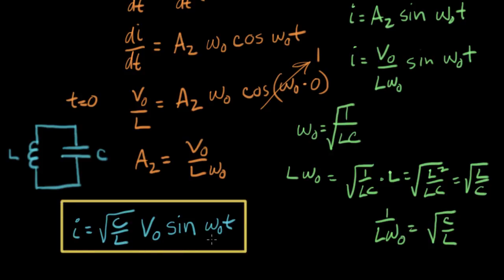It's in the form of a sine wave, and the frequency is determined by omega naught, which is set by the two component values, and the amplitude is determined by the energy we started with, which is represented here by V naught, and the ratio of the two components again. So this is why I said at the beginning that this is where sine waves are born.